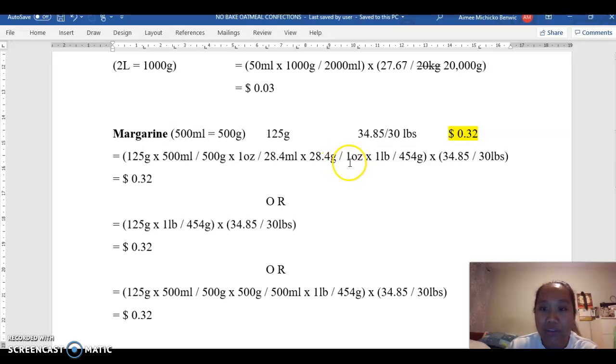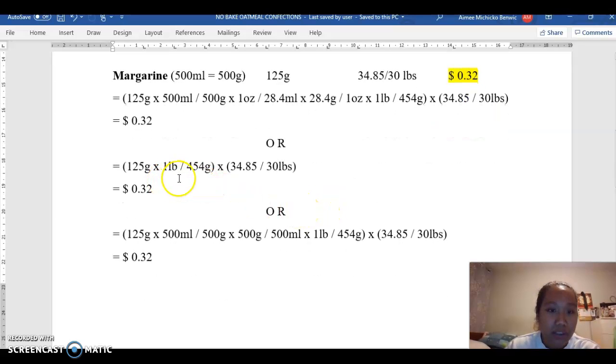Again, we're looking for pounds, so we have to convert more. There are 454 grams in 1 pound, so we can cancel the grams. Now that leaves us pounds, and we have pounds here too, so we can move forward. After computing all of this, that gives us 32 cents for the food cost of margarine.